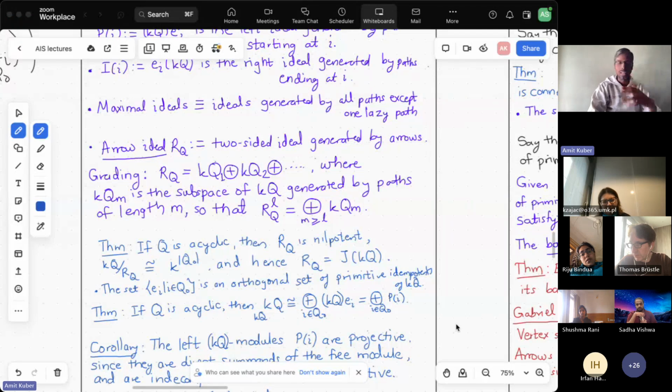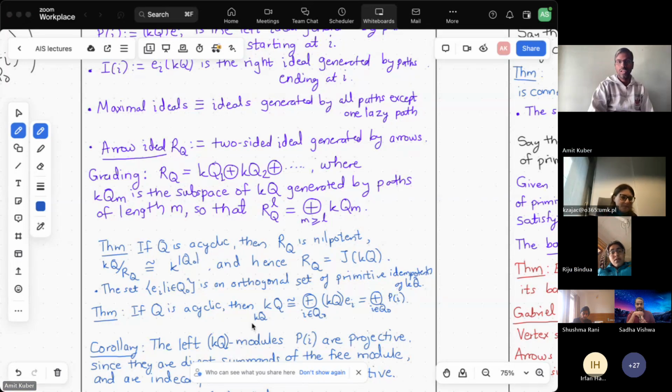Okay, this is not a consequence, as Sadanand already pointed out. We already know this, and therefore we know that the P_i are indecomposable, but we also know that we can decompose any algebra like this in terms of ideals.